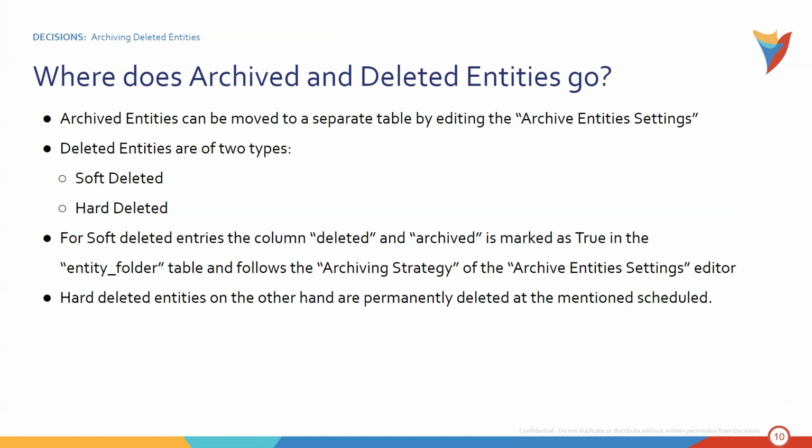All the hard deleted entities are permanently deleted at the mentioned schedule, whereas the soft deleted entities just update their columns deleted and archived to the value true. And we can verify that using the entity folder table in the Decisions environment.